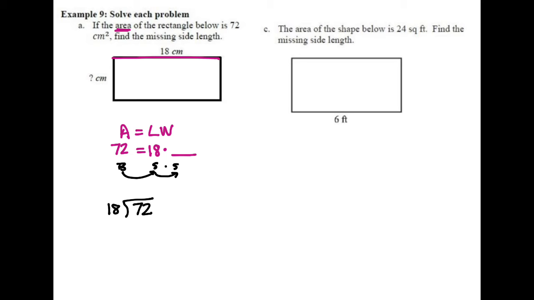You can take a guess, but I'm going to actually tell you what it is on the first shot. 72 is 18 times 4. So when you do your long division, it goes in evenly. So 4 is what 18 has to multiply by to get 72. So our answer over here that we're missing is 4 centimeters.